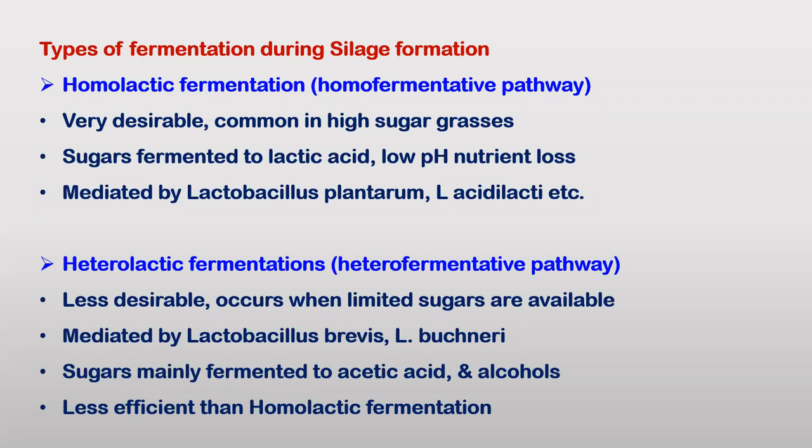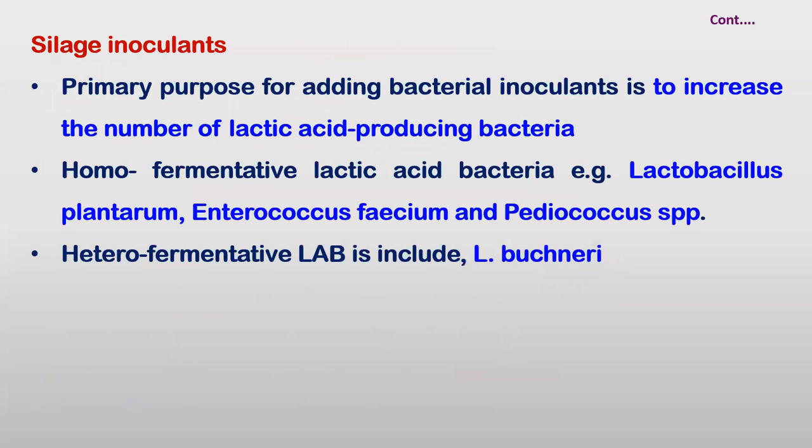Sugar fermentation: the sugar which is present in the fodder plant will be converted to lactic acid, giving low pH, and nutrient losses may take place, and that will be mediated by Lactobacillus plantarum and Lactobacillus acidilactis, and another bacteria I named, Enterococcus faecium and Pediococcus species.